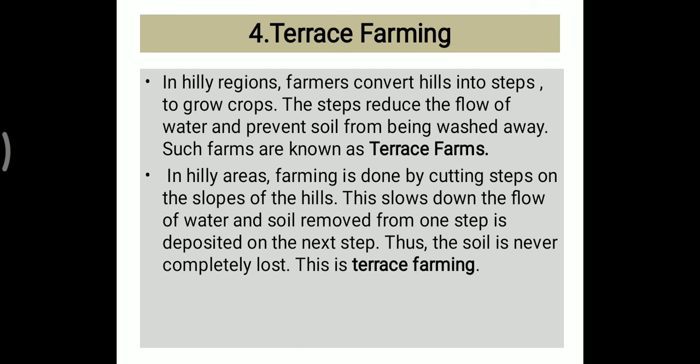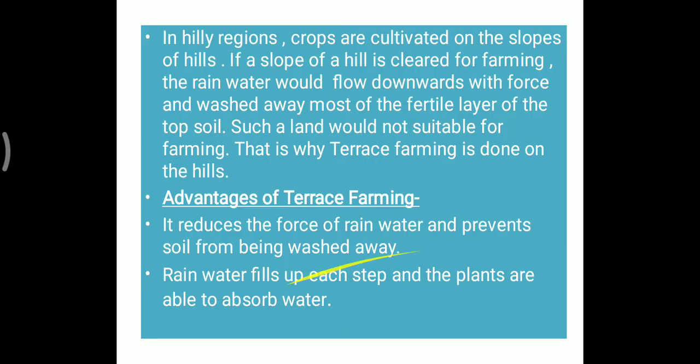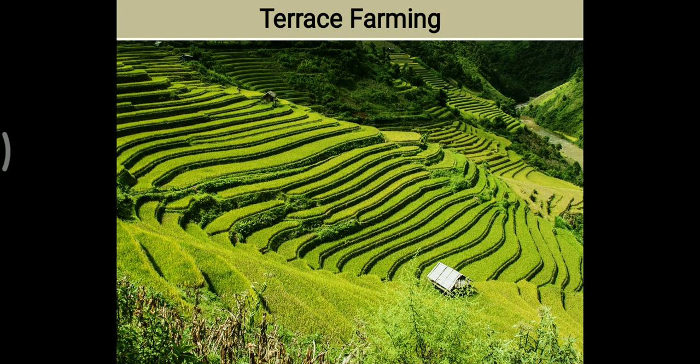Whenever it rains, the rainwater takes the fertile layer along with it. So the farmer will not be able to grow crops if the fertile layer is washed away. So to grow crops, the farmer converts the slopes into steps.